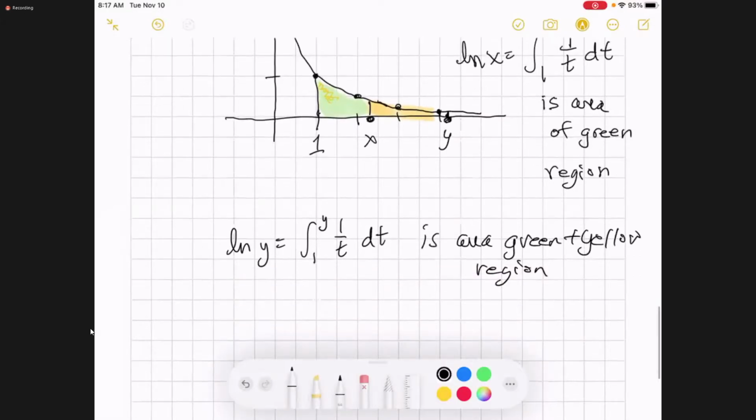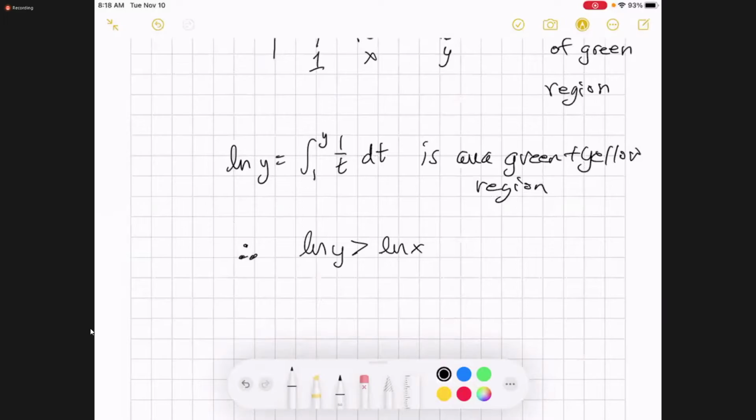So ln of y is bigger than ln of x, because the green plus the yellow region contains the green region. So far we know that if 1 is less than x is less than y, then ln of 1, which is 0, is less than ln of x is less than ln of y.